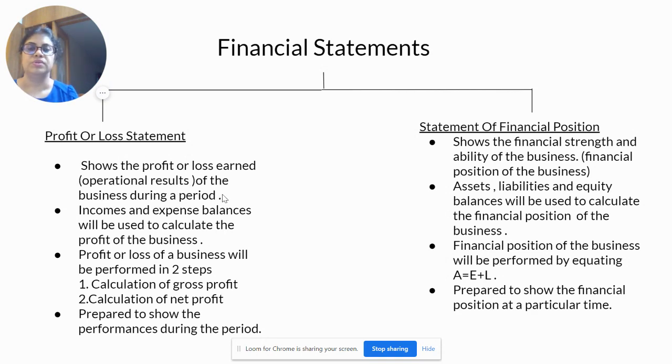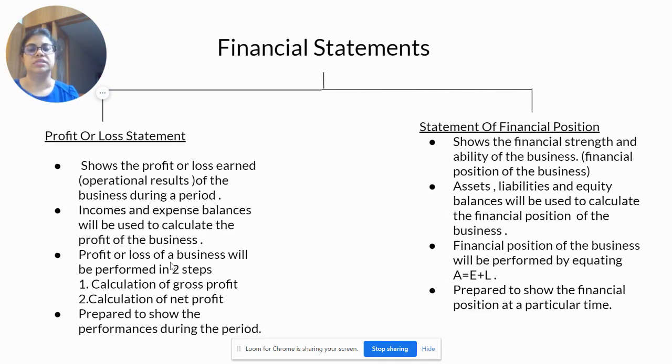So, to get a good idea about the performances of the business and thereby to see whether you have earned a profit or loss, mainly a business will be preparing the profit or loss statement. And when they are preparing it, they'll be using incomes and expenses balances to calculate the profit or loss or the operational result.